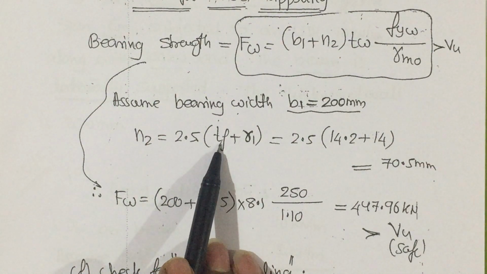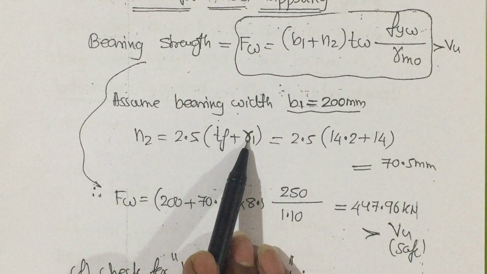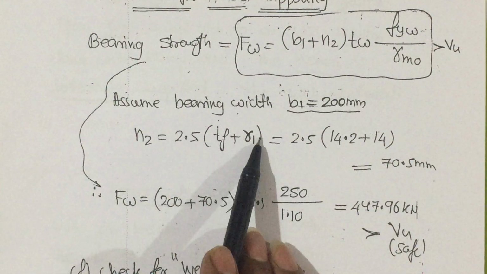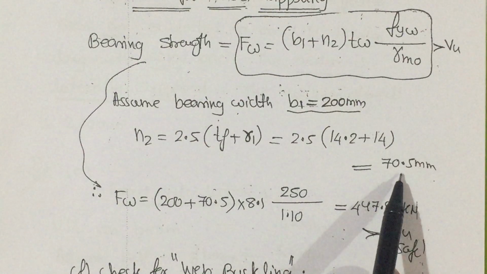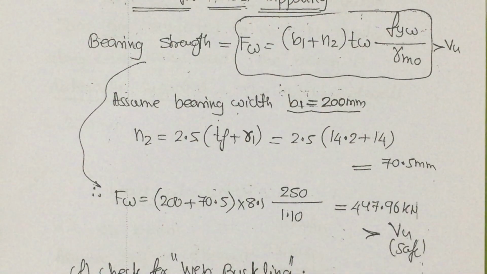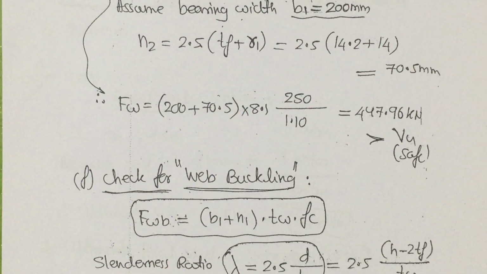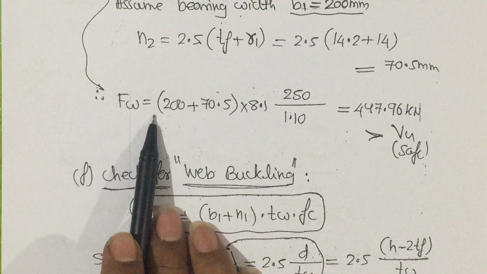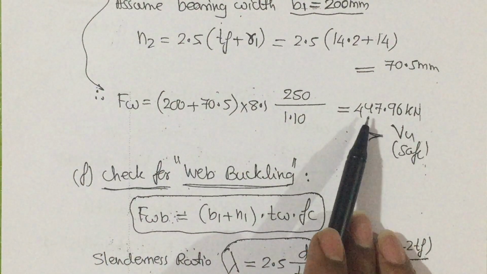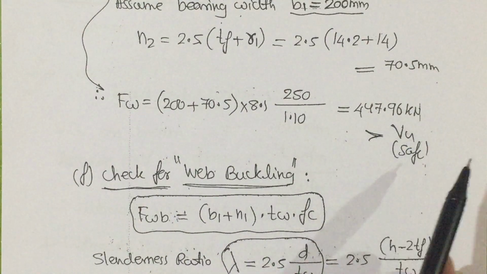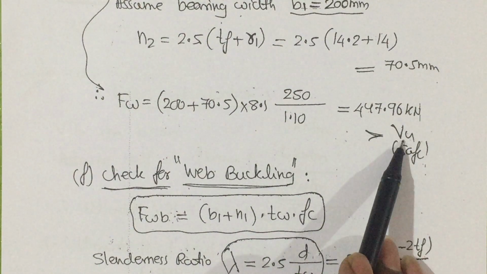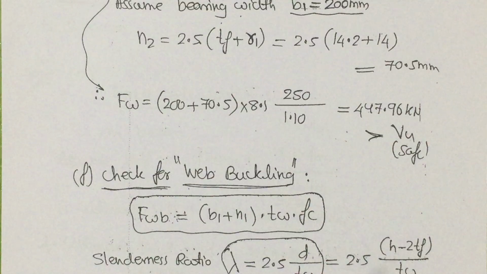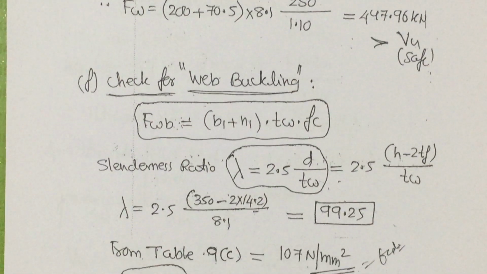Tf is the thickness of the flange, 14.2, and r1 is 14. Both values we get from the steel table. So, n2 you get as 70.5 millimeter. Therefore, substituting all the values, Fw is 447.96 kilonewton, which is greater than the ultimate shear force. Therefore, our design is safe.